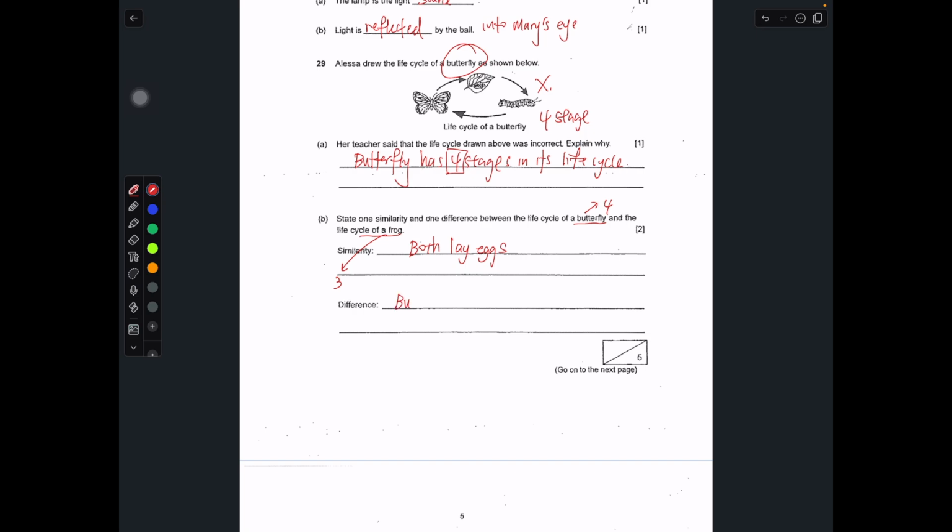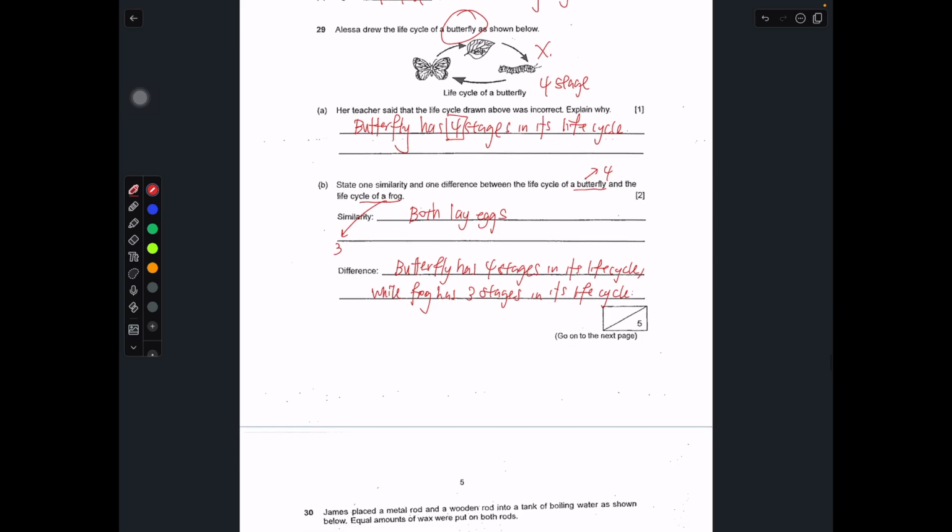You can say the butterfly has 4 stages in its life cycle, while the frog has 3 stages in its life cycle. So this could be one of the key differences that you can point out.